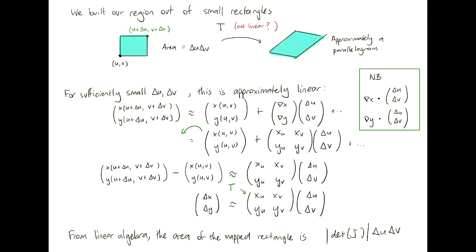So this is the linear approximation of T, which, considering we only care about a teeny tiny little rectangle, is an appropriate approximation to make. The error is going to be smaller than delta u squared or delta v squared, and since they are very small, we can ignore them.